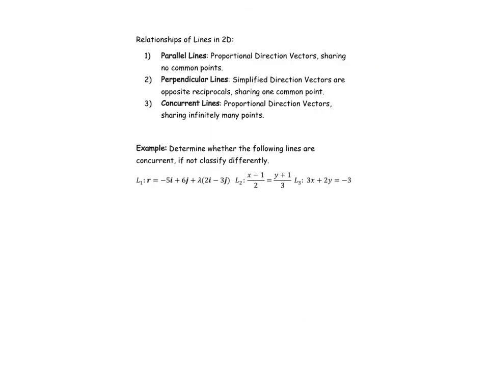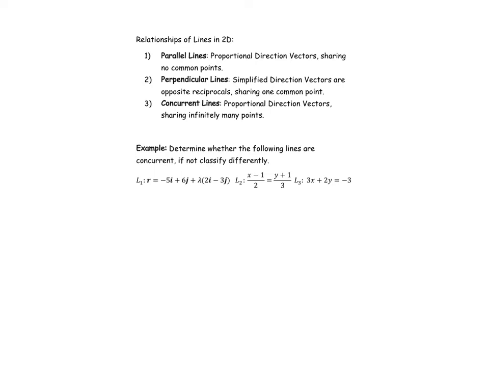All right, let's continue. Here comes up this idea of relationships of lines in 2 dimensions. If I have a flat piece of paper, which could be a 2-dimensional plane, and I draw 2 lines, there are 3 options. Option 1: the lines are parallel, so they don't intersect.